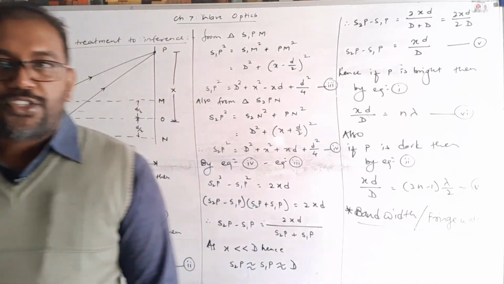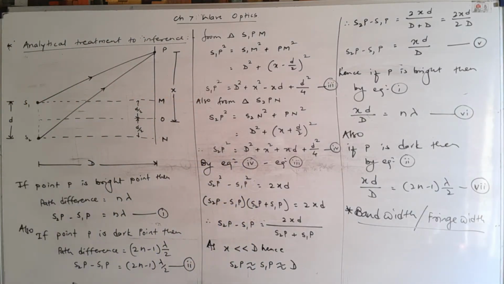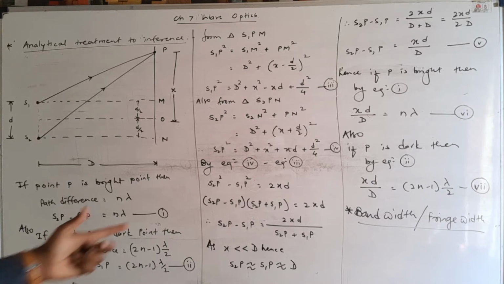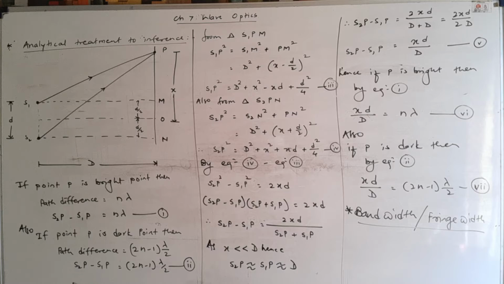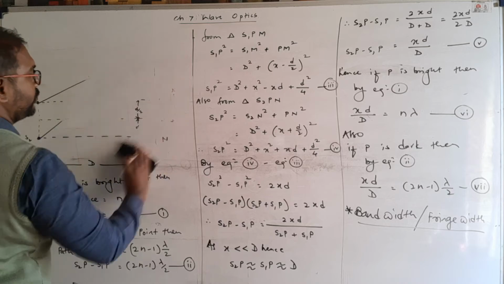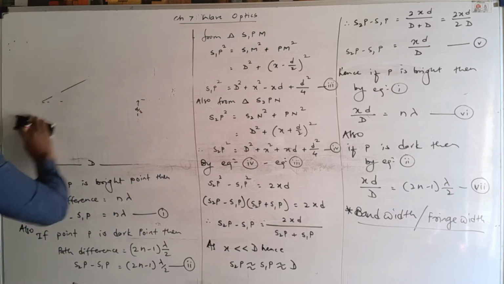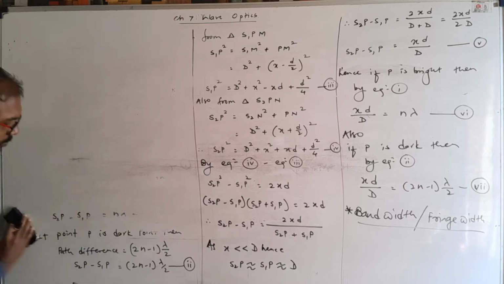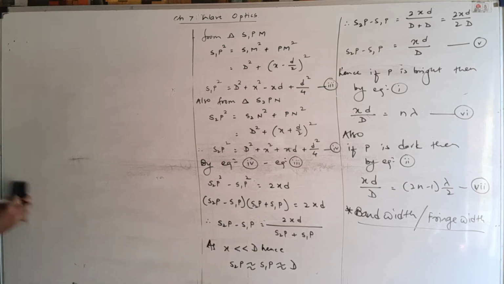So I hope everyone understood this expression for the path difference. Now we have to continue this derivation and write the expression for the bandwidth. For that I have to erase this part. Now pay attention.